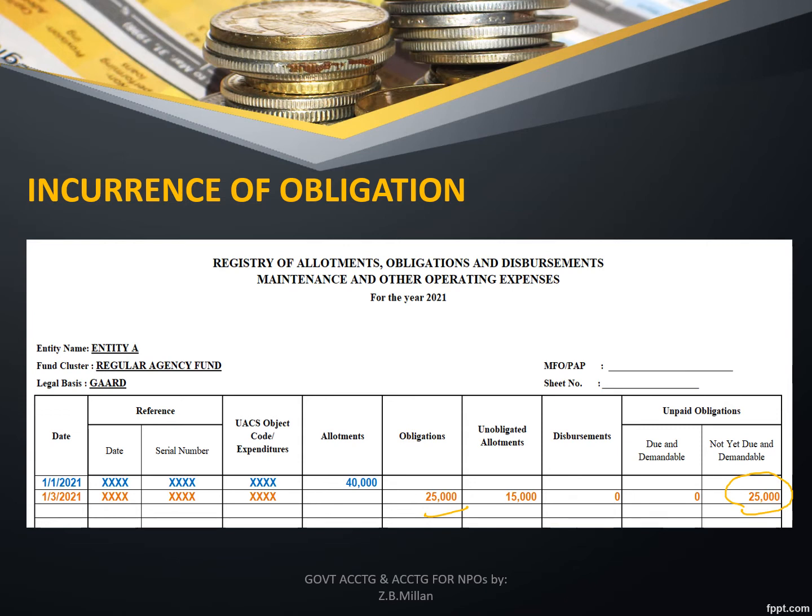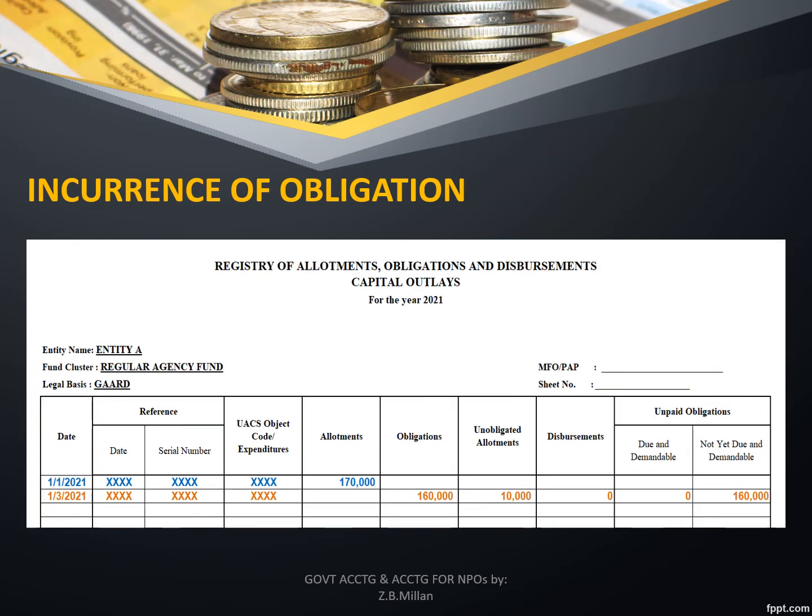Magiging due and demandable lang yung 25,000, ibig sabihin, kailangan nang bayaran talaga ni entity A yung 25,000, once ma-deliver na yung supplies or complete na yung transaction. The same also applies sa capital outlays natin for the purchase of office equipment. Yung 160,000 is not yet due and demandable. Pero meron pa rin tayong unobligated allotment amounting to 10,000.